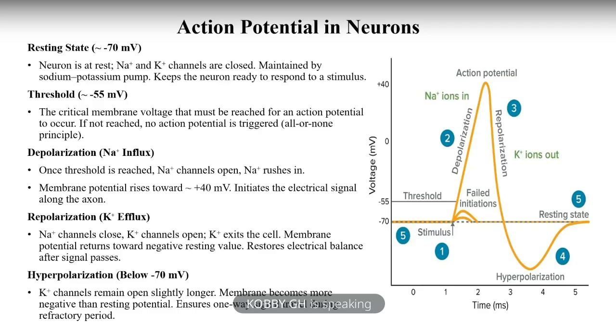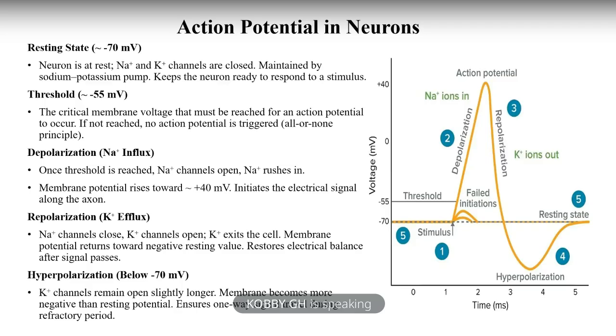A membrane potential simply means the differences in the charges across the membrane of the neuron. And the action potential simply means the movement of the impulse along the axon of a neuron. Now, the action potential depends on the membrane potential.